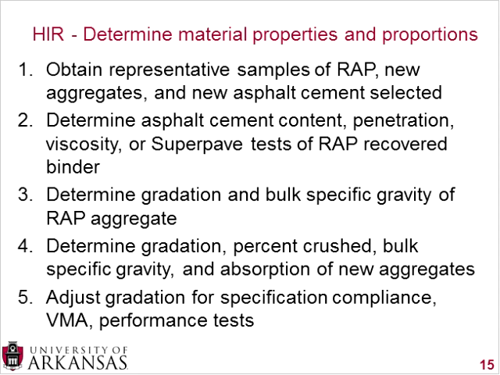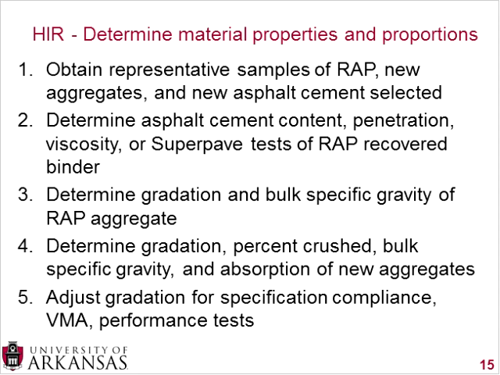Now, depending on which state you're in or what kind of test your agency requires, there's a wide range of asphalt cement tests that are out there. They go anywhere from simple asphalt cement content to running penetration tests on the residual or extracted binders, viscosity tests on the extracted binders, or Superpave tests.